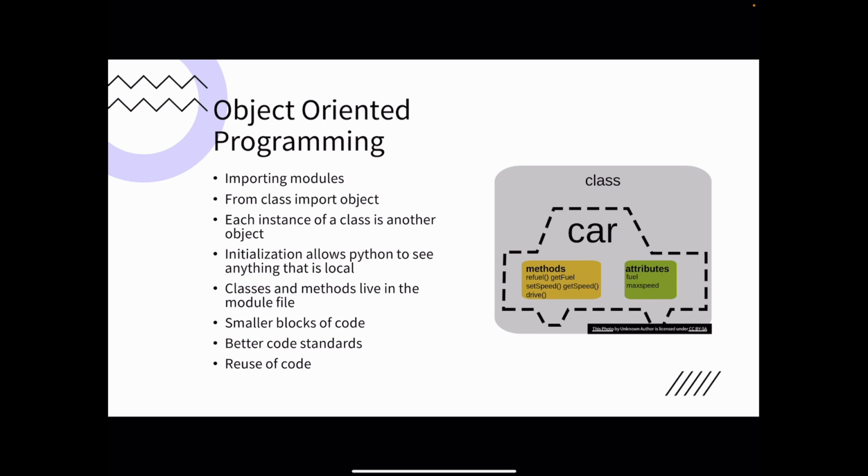And initialization allows Python to see anything that's local. So what does that mean? When I'm talking about models.py and these modules, when I start my code, or let's say I start the Python interpreter, I have now initialized Python, and Python can see everything that is in the same directory.